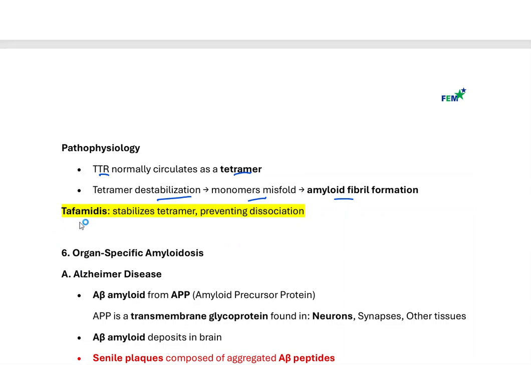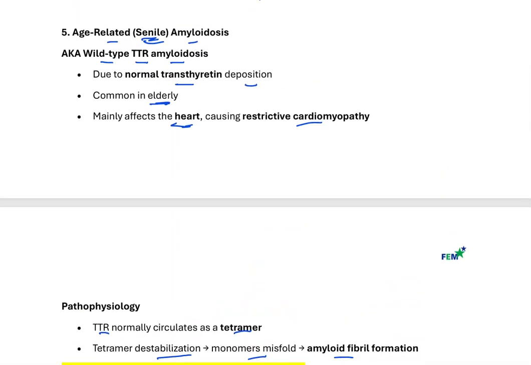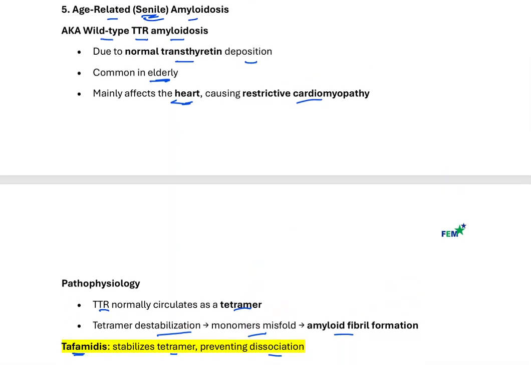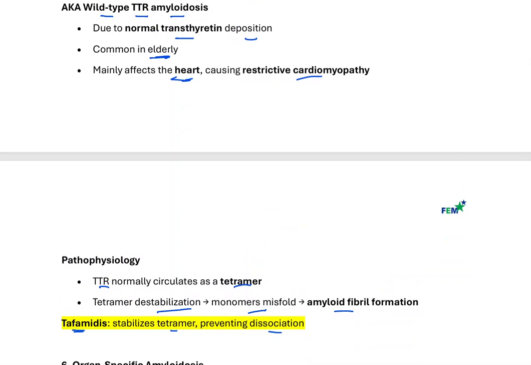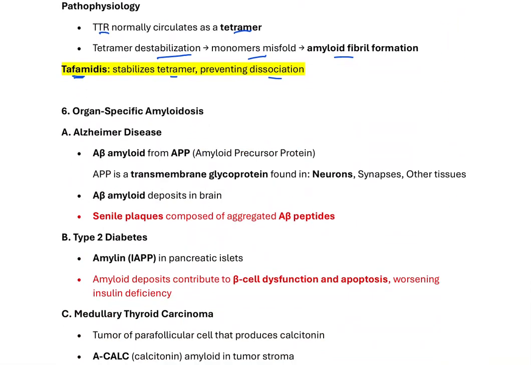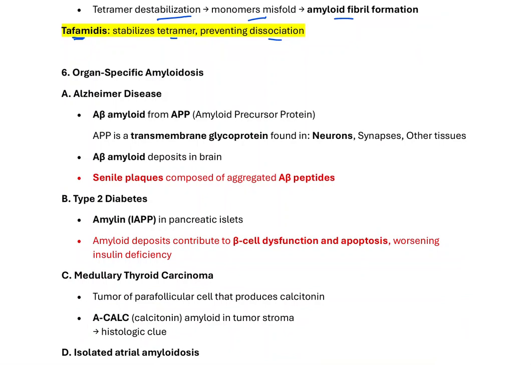And that's why we have a medication that we can use to stabilize those tetramers, and this medication is tafamidis, and this stabilizes those tetramers, preventing their dissociation. And this medication could be used for what? Age-related or senile amyloidosis.